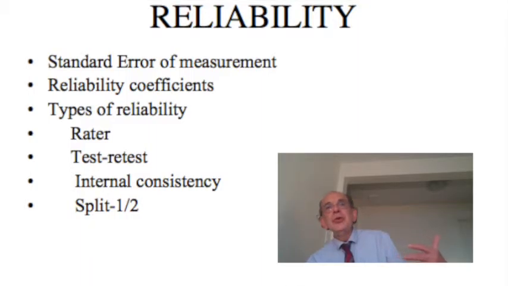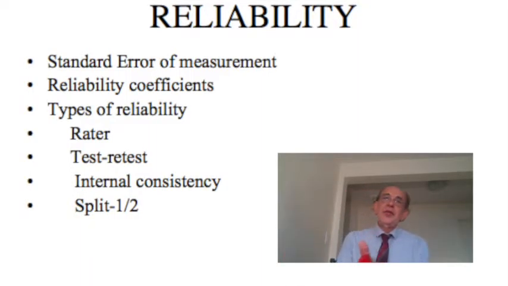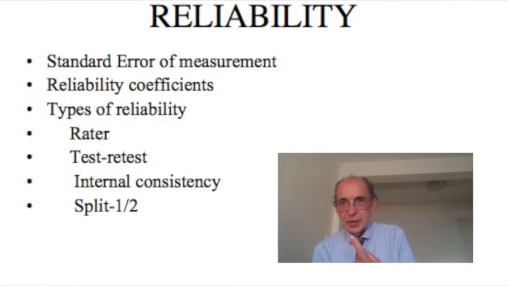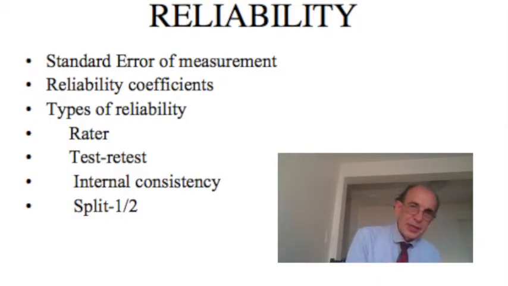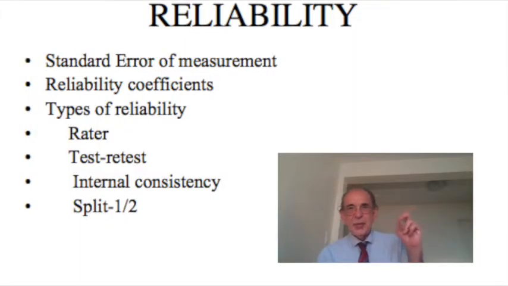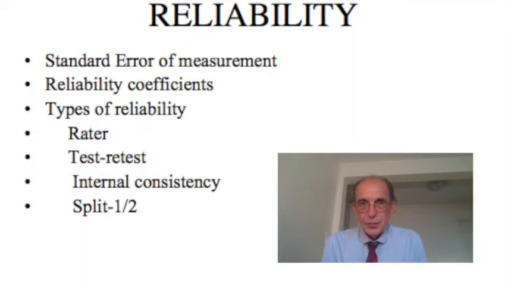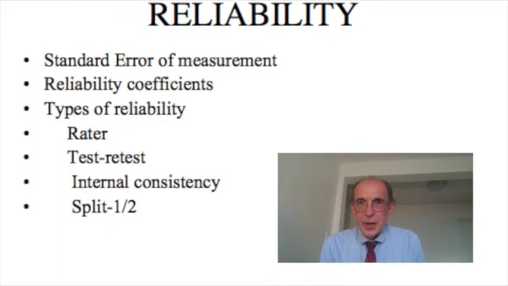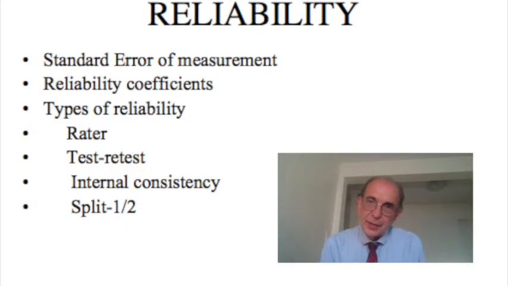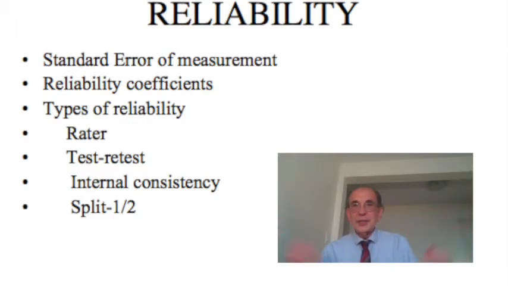These two forms of one test, the even items part of the test and the odd items part of the test, each of those is given to the same group of individuals. Then the performance is compared on the two assessments drawn from one test.